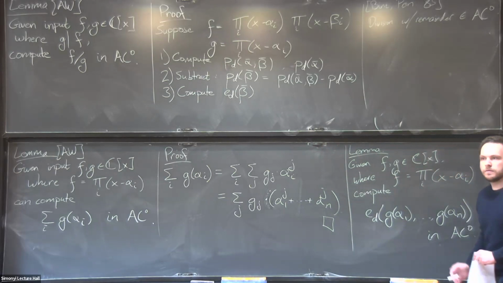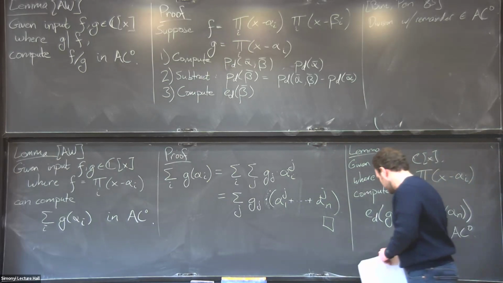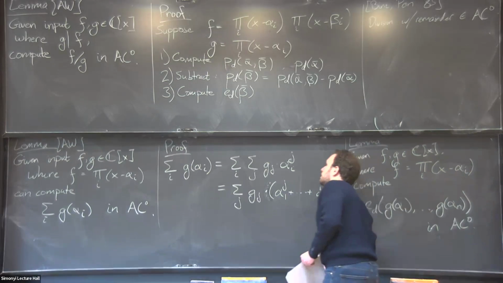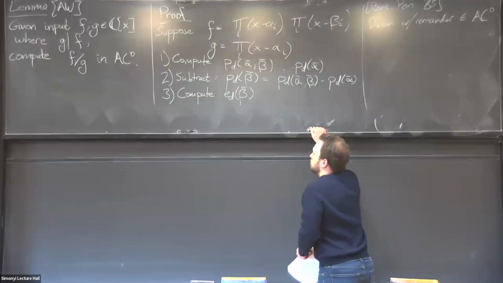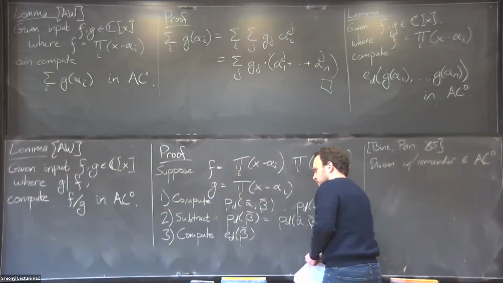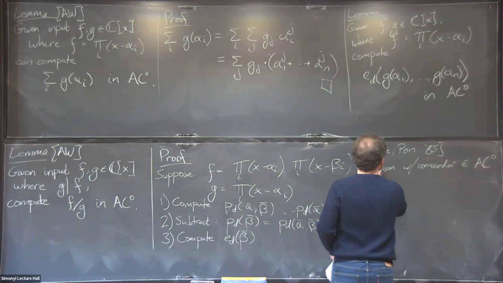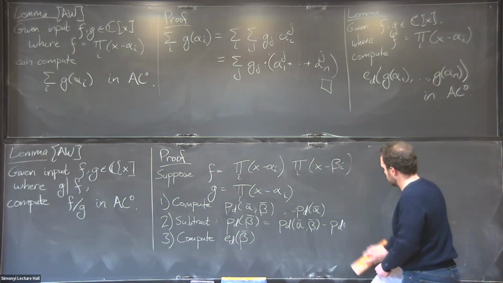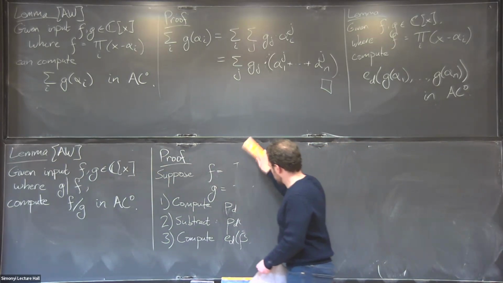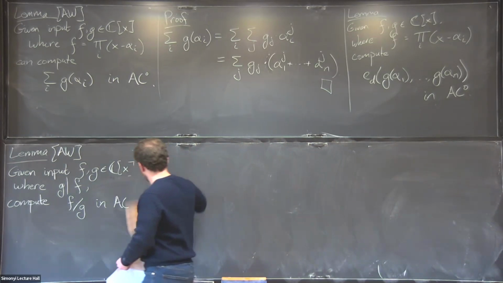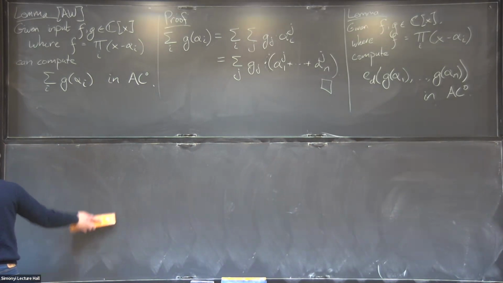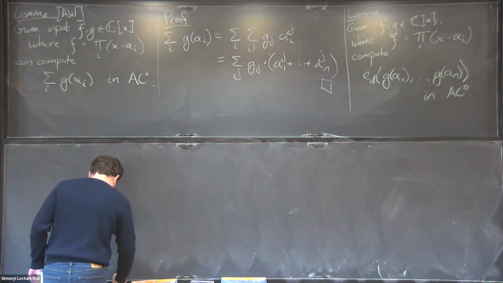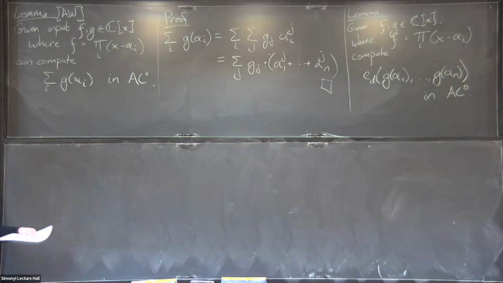So this lets us do even more. How do we do this? We're going to use the Newton identities again and some interpolation.